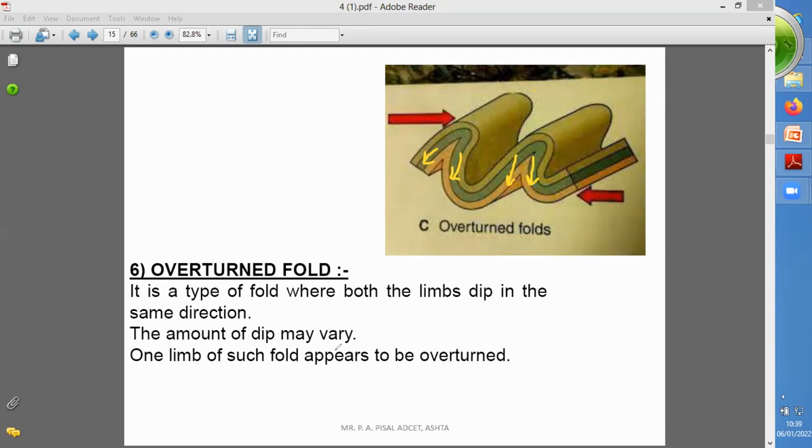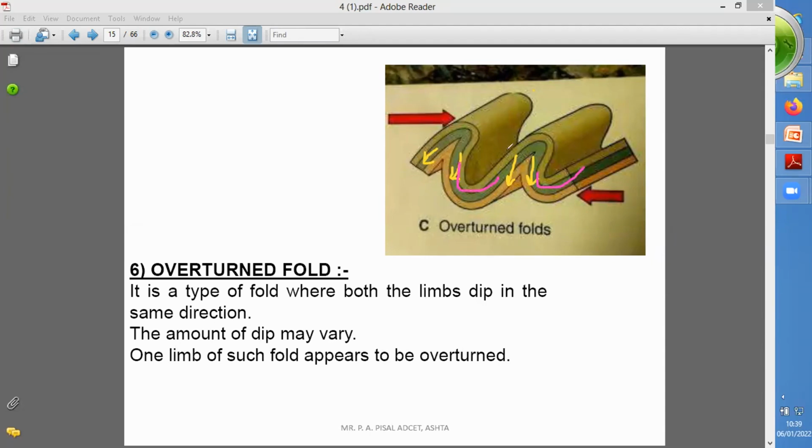One limb of such a fold appears to be overturned. आणि यामध्ये एक लिंब जो असतो म्हणजे एक साइड जी फोल्डची असते ती ओव्हरटर्न झालेली असते. ओव्हरटर्न मीन्स मॅक्झिमम टर्न त्याला आलेला असतो. आता या ठिकाणी जर तुम्ही बघितलं, just wait. Now this side is overturned and this side is overturned.